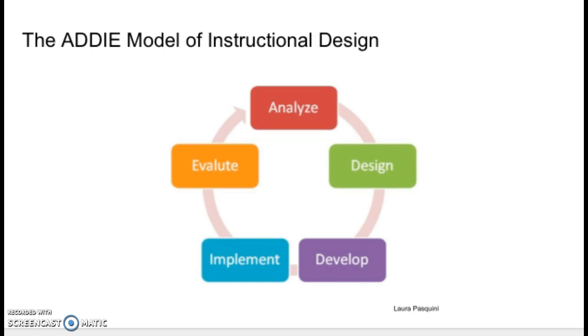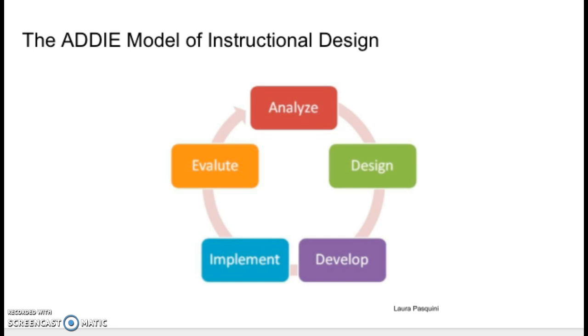Then we will look at a generic model of instructional design called ADDIE. ADDIE has been used for instructional design of learning and training programs for everything from the military to corporate learning to K-12 education. ADDIE provides a macro process for creating designs where the designer works through these phases.